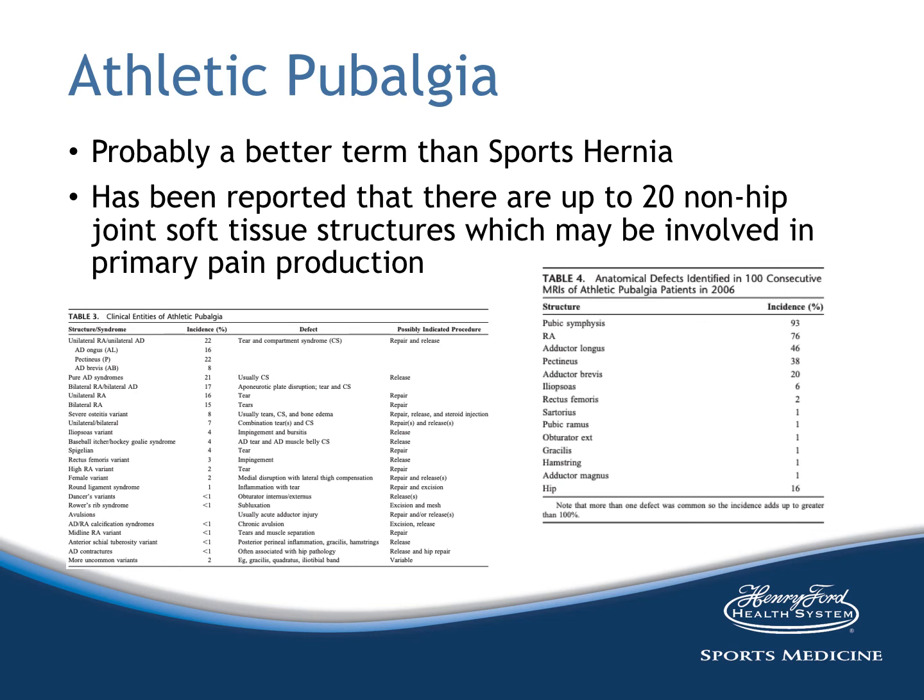In an MRI study in 2006, looking at 100 consecutive MRIs of patients who presented with athletic pubalgia, it was noted that pubic symphysis defects were noted in 93%, rectus abdominis defects in 76%, and adductor longus defects in 46%. We certainly have much more to learn with regards to athletic pubalgia and sports hernia.